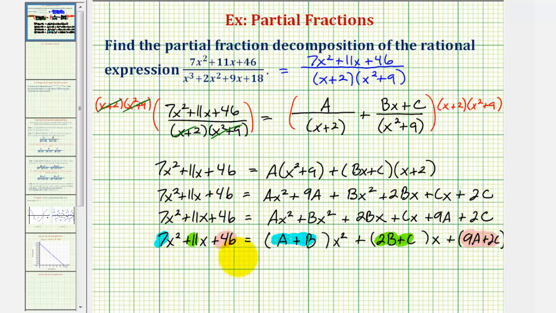So again, we can say that a plus b must equal 7, 2b plus c must equal 11, and 9a plus 2c must equal 46. So now I'll have to solve this system of equations to find the value of a, b, and c. Let's go and do this on the next slide.